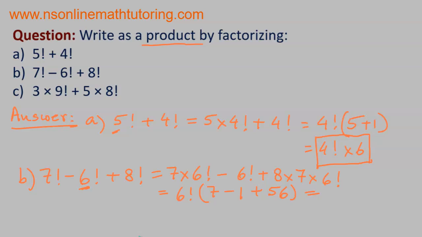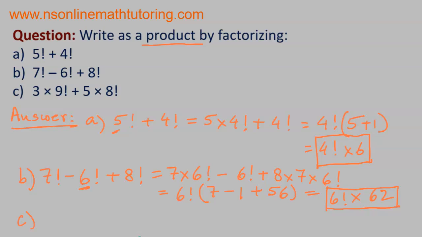Okay. So the factorized form is 6 factorial times 62. 7 minus 1 is 6. 6 plus 56 is 62. Therefore, the factorized form of subpart B is 6 factorial times 62.